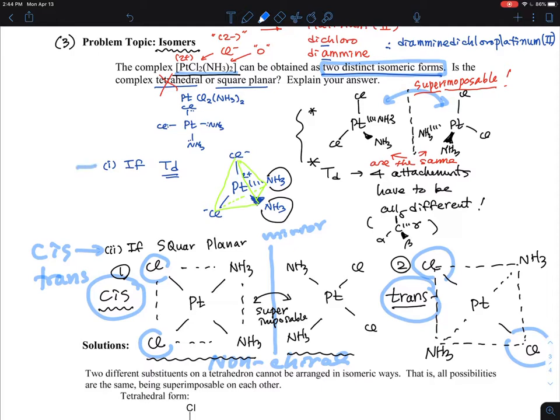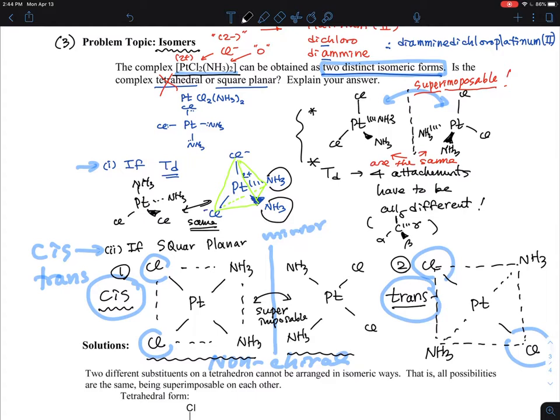If you put this one onto different locations, such as putting a chlorine on this side, and then NH3, this is the same, because of the connectivity they can tumble this molecule around.